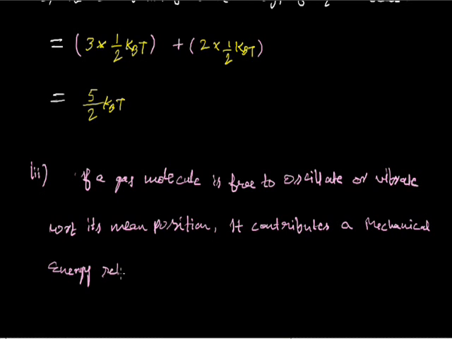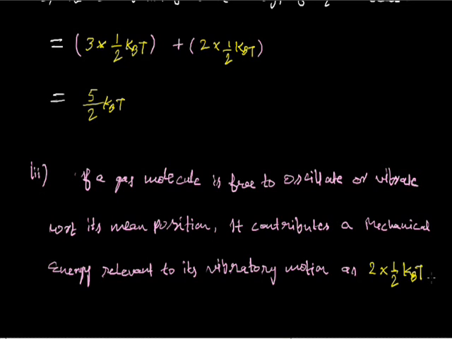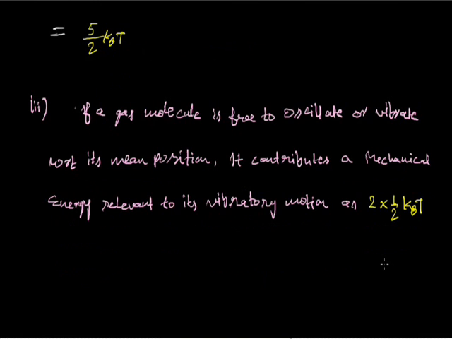relevant to its vibratory motion as 2 multiplied by half kBT. This 2 multiplied by half kBT contribution of energy is only because of its vibration with respect to its mean position.